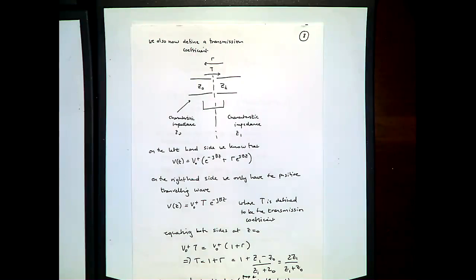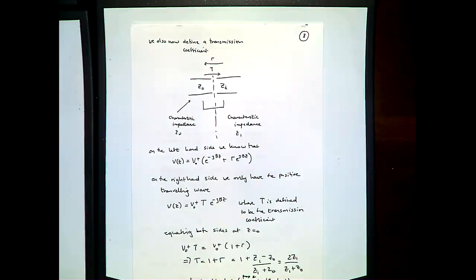What is B and what is Z? Z is the length along the coordinate, and B is 2 pi on lambda. This is the wavelength; 2 pi on lambda is the wave number. Z is the length along the transmission line, and depending on where the reference plane is, it's relative to the load.